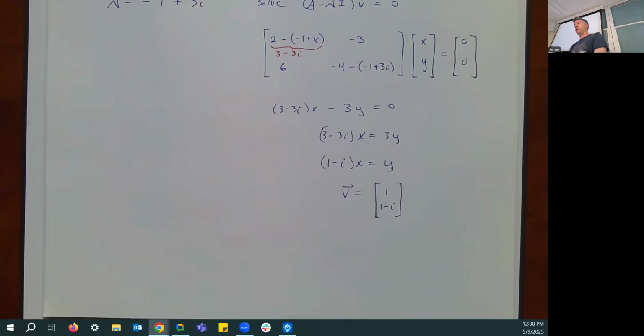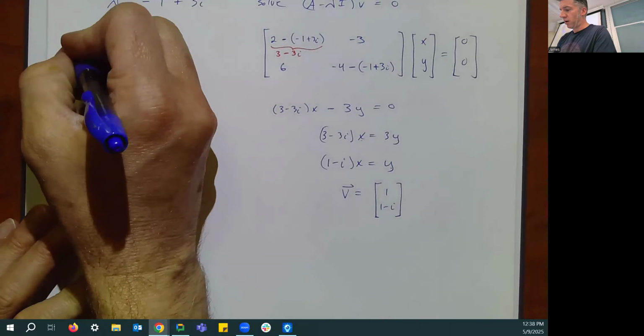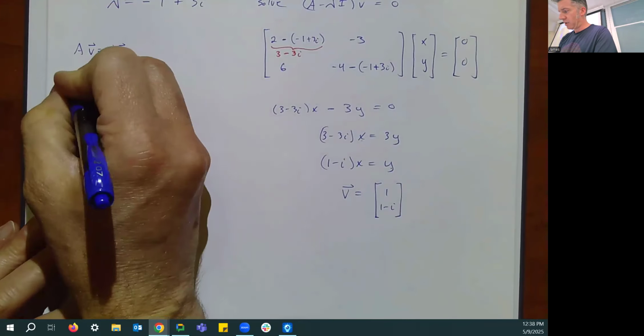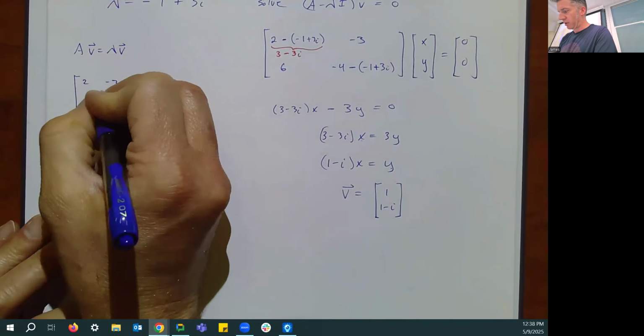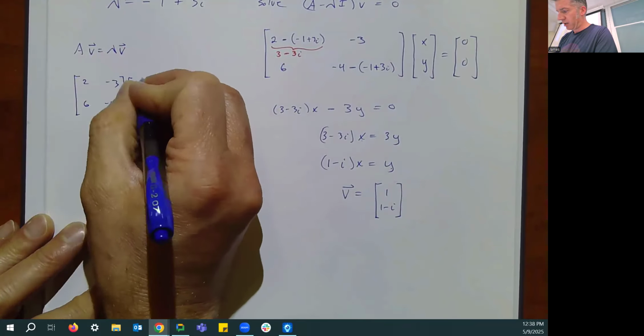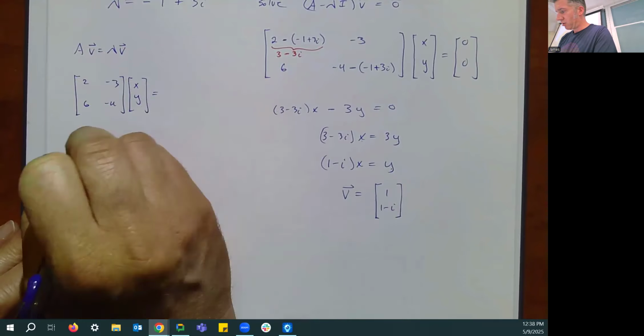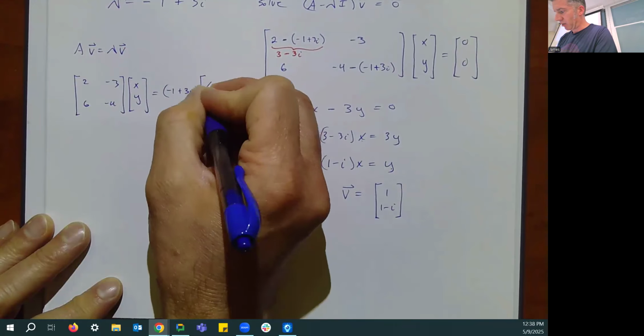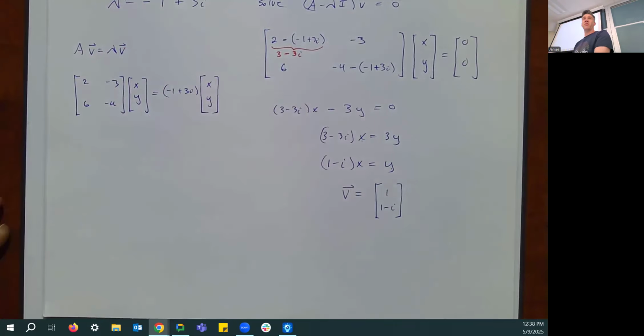You could also do it the other way, right? You could also say you're going to solve A times v equal to lambda times v, and then have your matrix 2, -3, 6, -4 times x, y equal to -1 plus 3i times x, y. And if you use the first equation, it's still going to turn out the same.